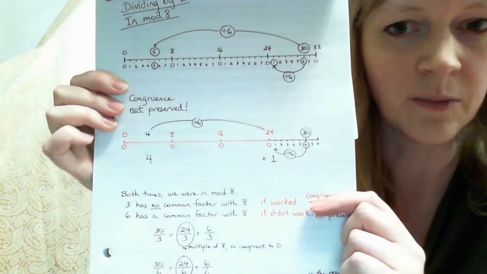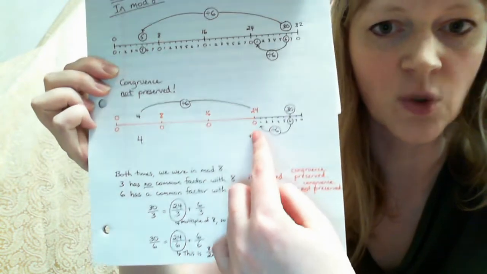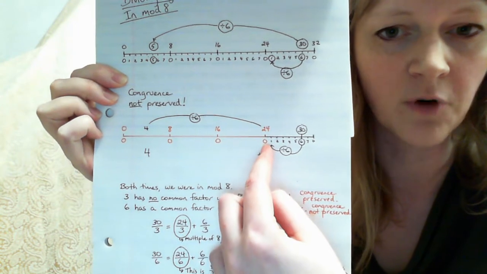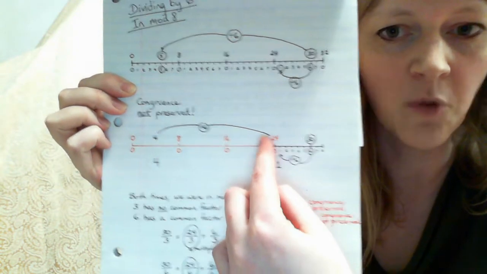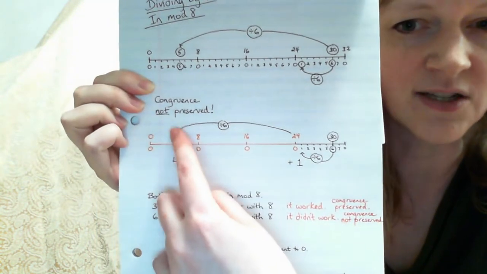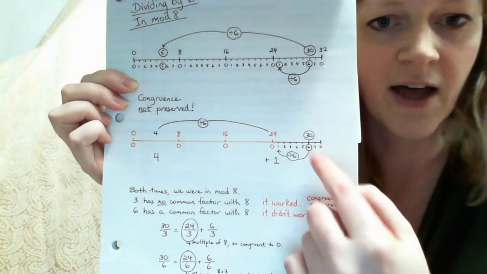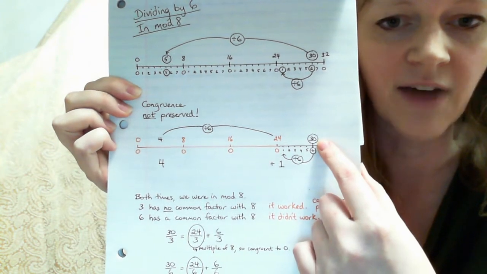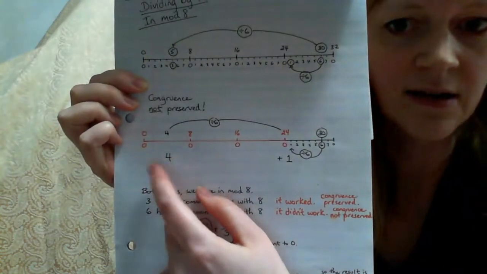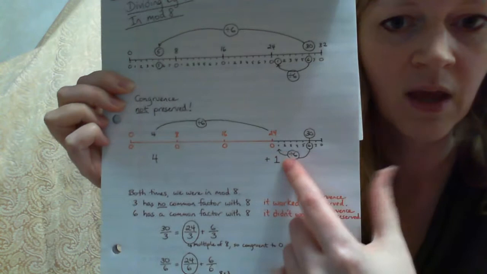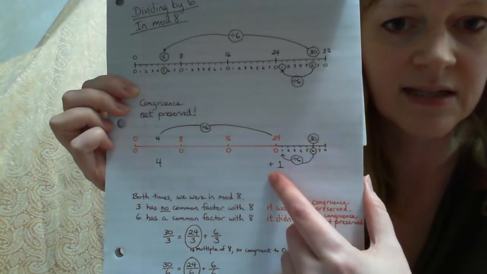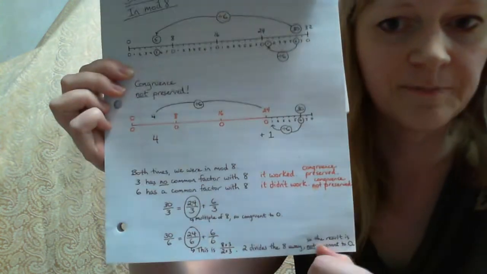Let's look more closely at why. When we split the 30 into 24 plus 6, this 24 divided by 6 does not end up in a 0 spot. So the final result of 30 divided by 6 is this 4 plus the 6 divided by 6, 1, ending up at 5.